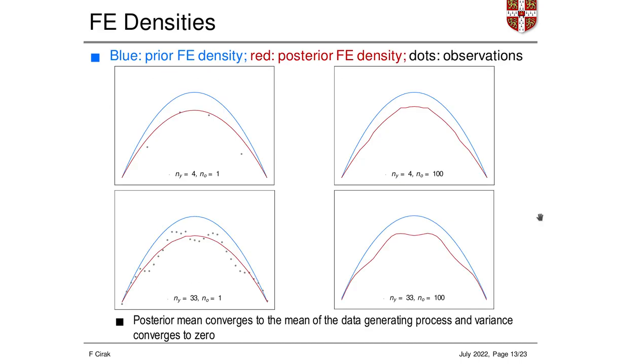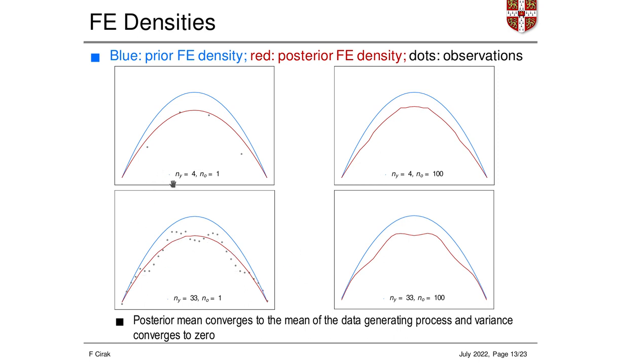Here is the result of the posterior finite element density, as highlighted in red here. As a reference, we have the previous prior finite element density in blue. So these are the means of the random solutions, and the dots represent the observations.